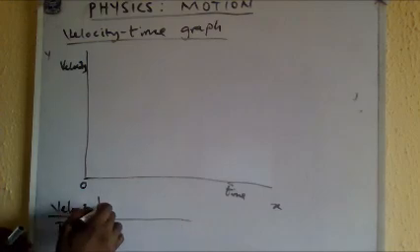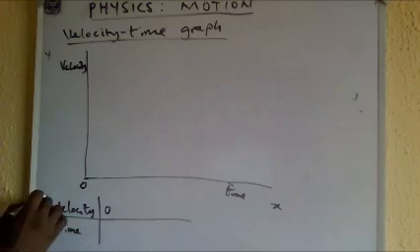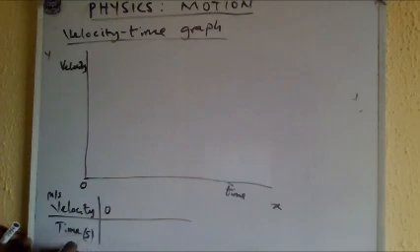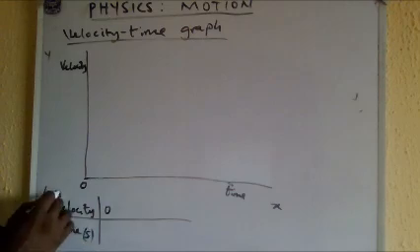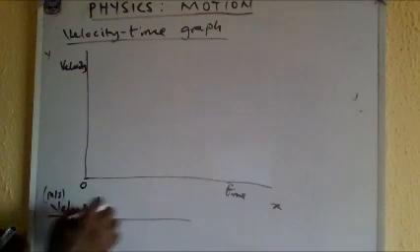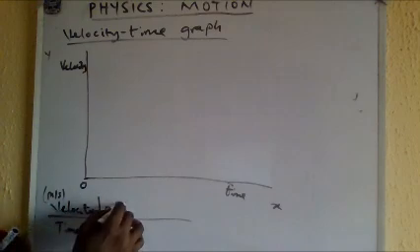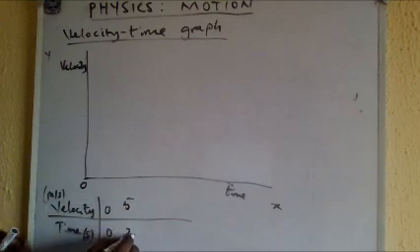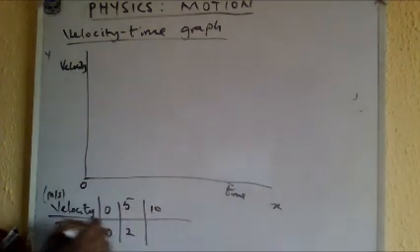So at 0, velocity is in meters per second, and this one is time in seconds. These are the units. At 0, I had 0. At 5, I had 2. I will plot it. At 10, I have 4.